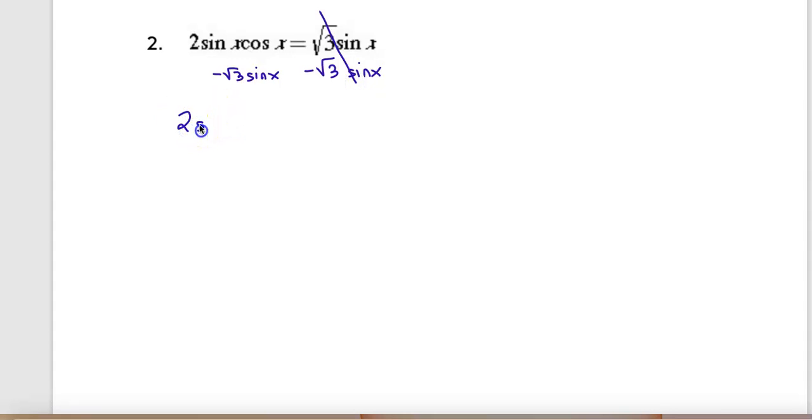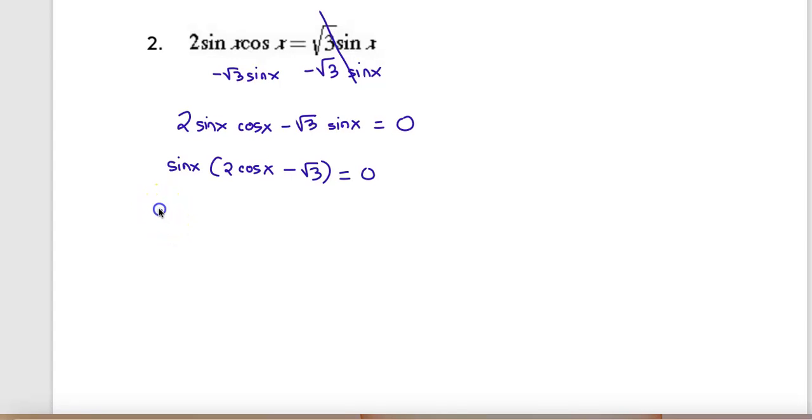My next step is 2 sine x cosine x minus radical 3 sine x is equal to 0. I can factor, since I can see sine x in both of these terms. So I factor out sine x, and what is left is 2 cosine x minus radical 3 is equal to 0.